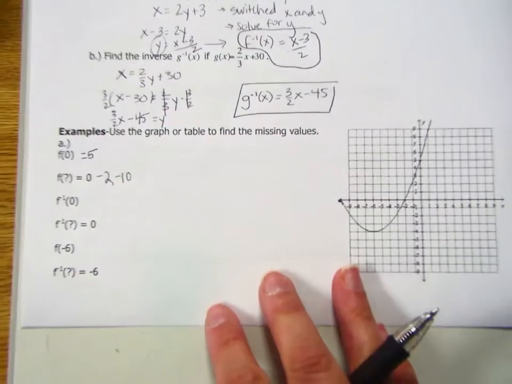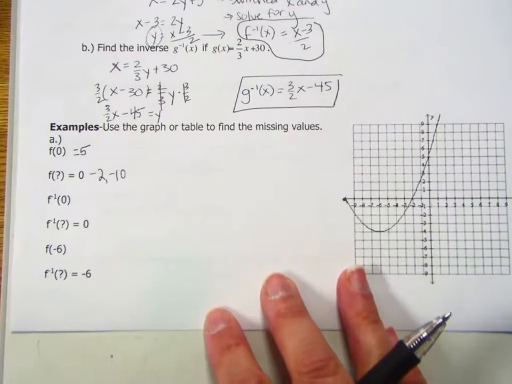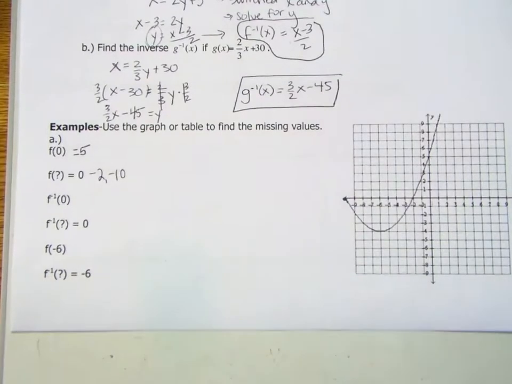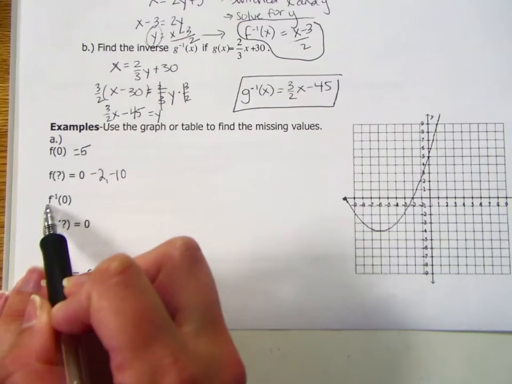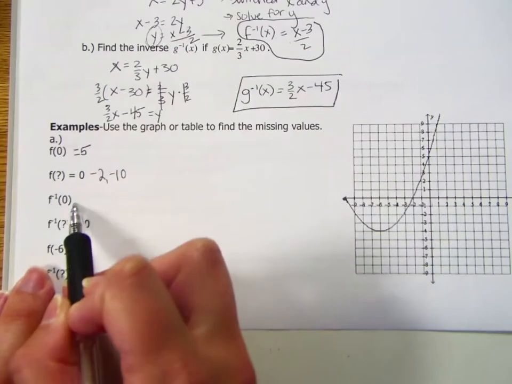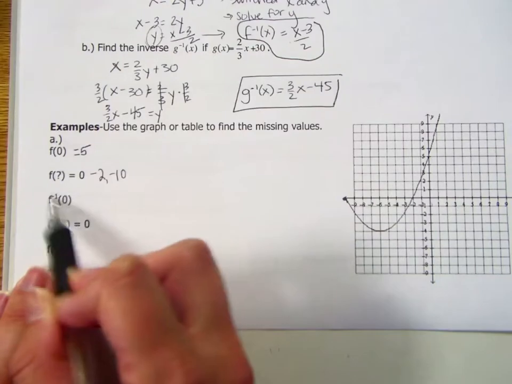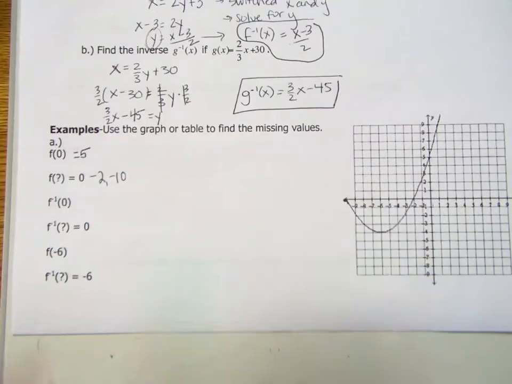Here's where it gets a little bit fun. So this wants the inverse of 0. So how is this going to be different than finding f of 0? What do you think, Allie?